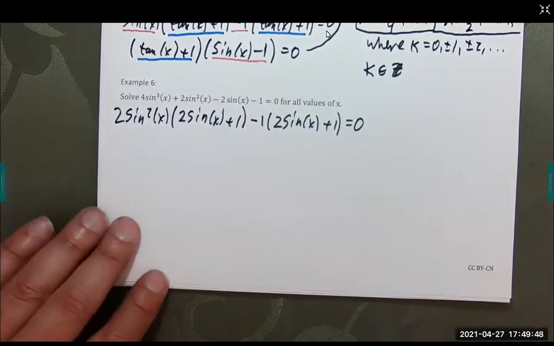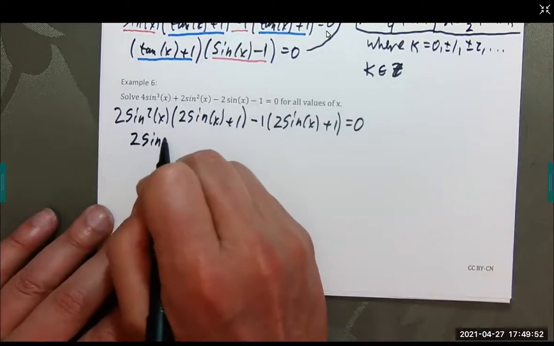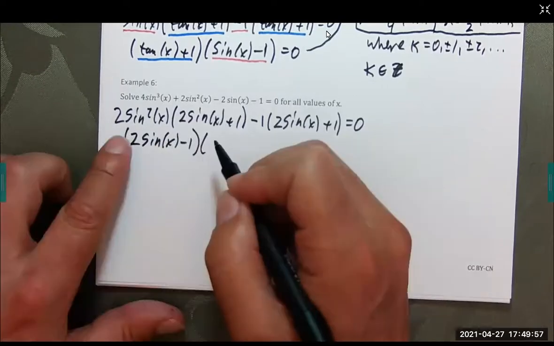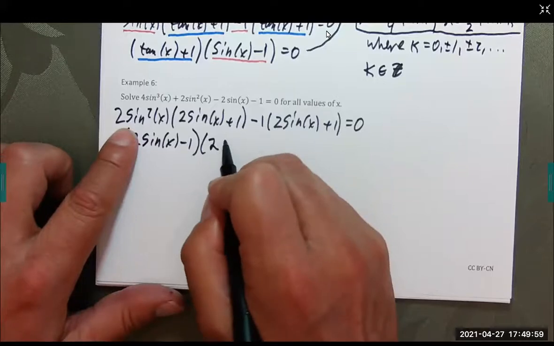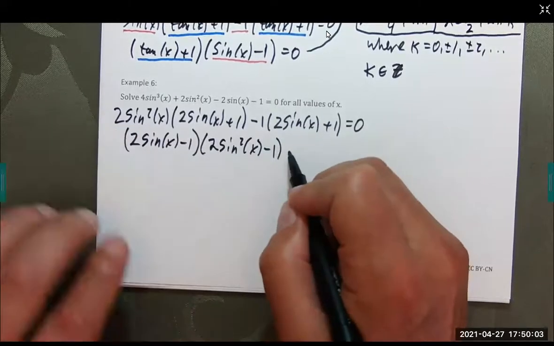And very nicely, I can pull out that 2 sine x minus 1. I'm left with 2 sine squared x minus 1 equals 0.